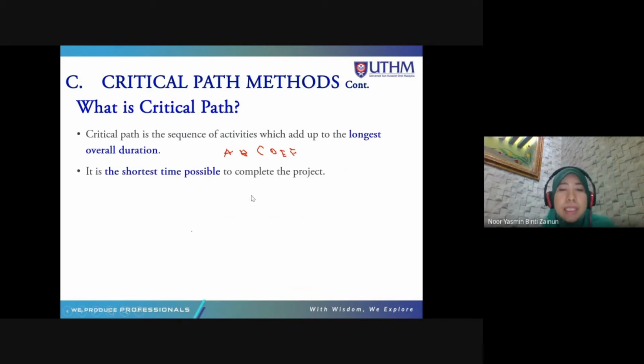That is the shortest time possible to complete the project. If you do not finish within that time, your project will be delayed.